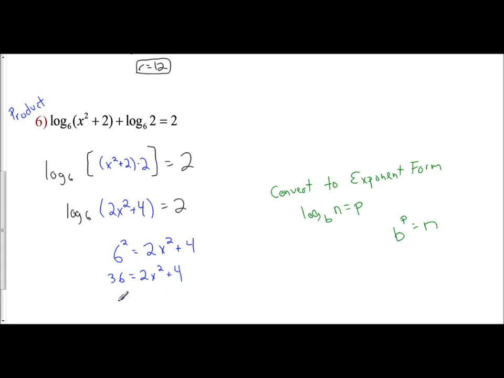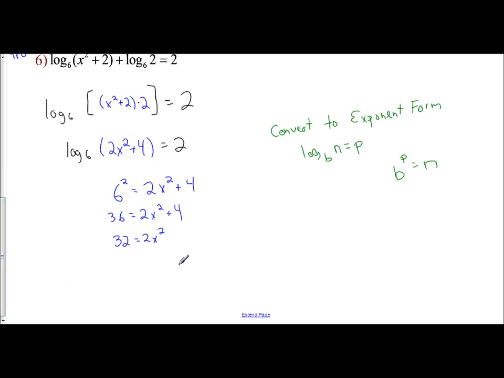So I'm going to subtract 4. So 32 equals 2x squared. And then what I'm going to do is divide both sides by 2 and get 16 equals x squared. And then when I square root both sides, what I get is x equals plus or minus 4.